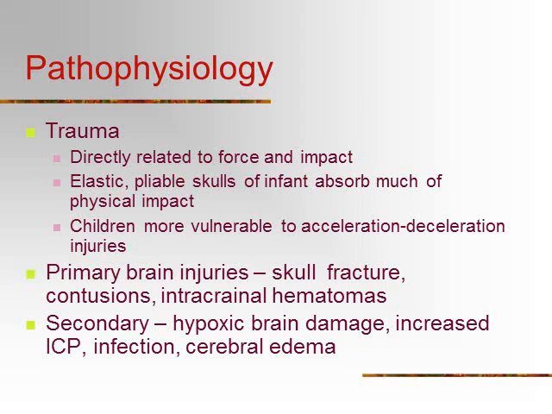Sometimes we talk about the coup, contrecoup. And then the primary brain injuries that they can have from the actual trauma itself are a skull fracture, contusions, and an intracranial hematoma. Secondary to those injuries, they can have hypoxic brain damage, increased ICP, and infection or cerebral edema.